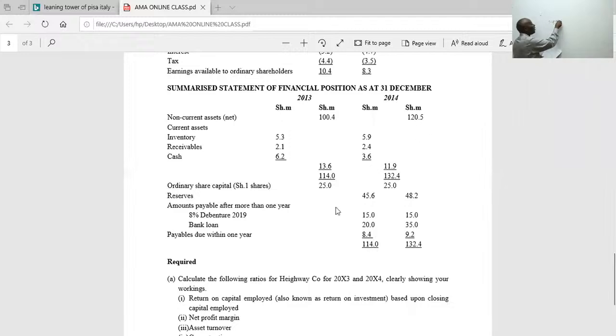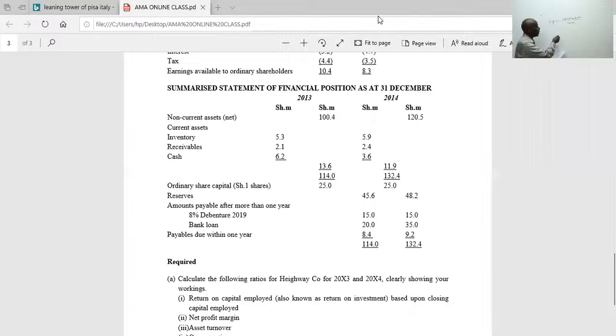So the formula for net profit margin: we don't talk of profit after tax in terms of margins, unless you don't have operating profit. In terms of net profit margin, we take the operating profit all over sales.